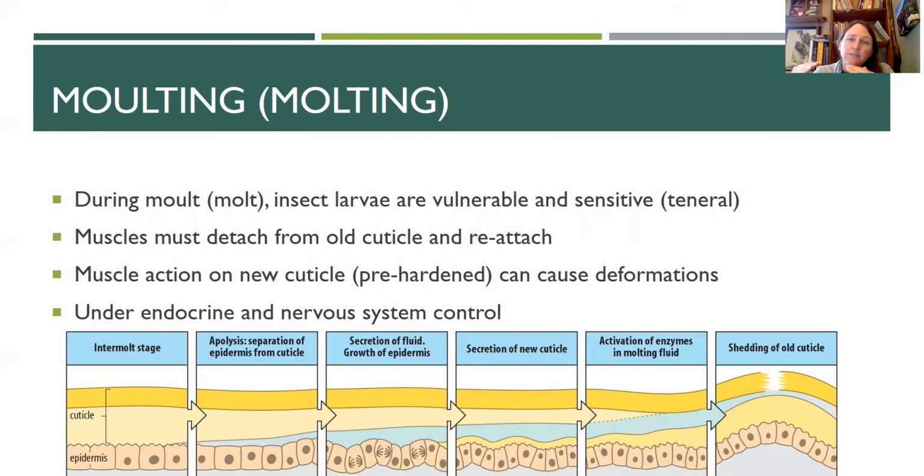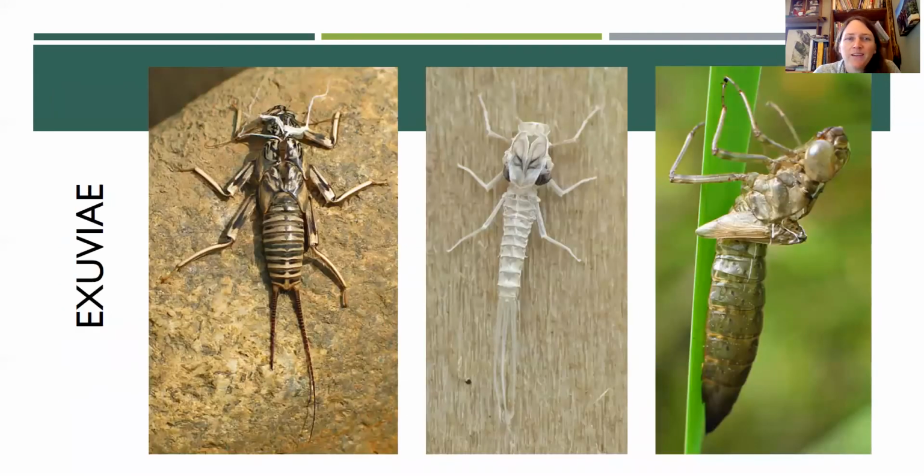And then you have activation of enzymes that help to break down the old cuticle, and then the organism can break out of the old cuticle. Okay. When they break out of the old cuticle, they leave behind what are called exuviae, which are so beautiful and fantastic. Basically these shells of their old exoskeleton.